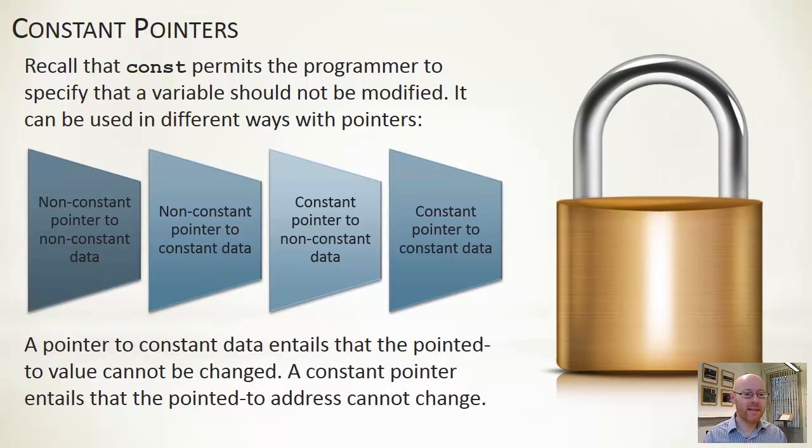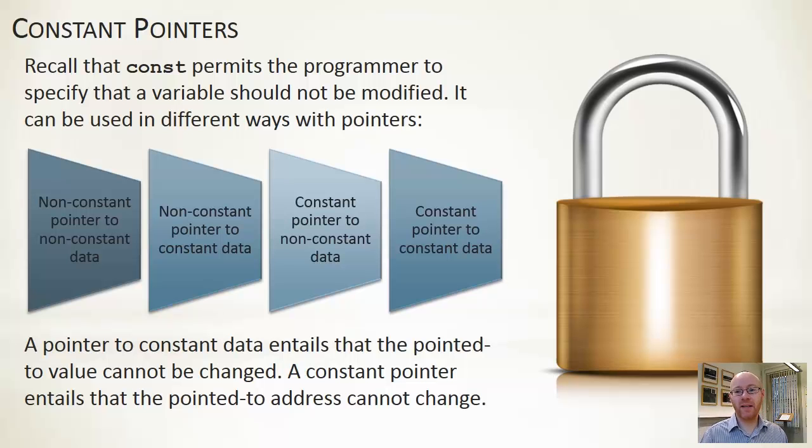That means I can point to different things: with a non-constant pointer, I'm allowed to change the location I point to. With non-constant data, I'm allowed to change the contents of the things that I point to. That's your default option. The other 3, which we'll look at next slide, are non-constant pointer to constant data, constant pointer to non-constant data, and constant pointer to constant data. So let's have a look at those now.